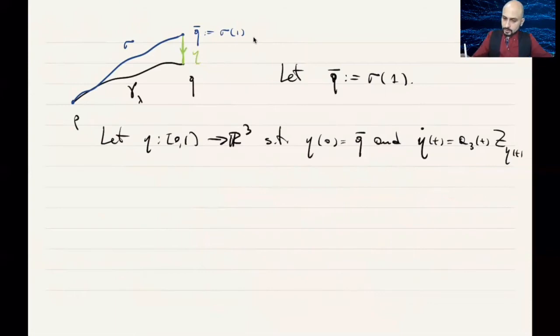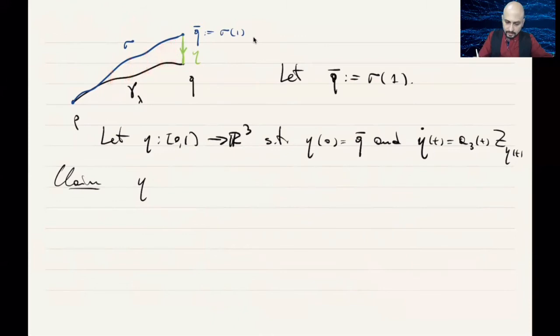Now let's make a claim about the curve eta. I claim that this curve is the vertical curve here, and this is nothing else than how much these two curves differ at each time.